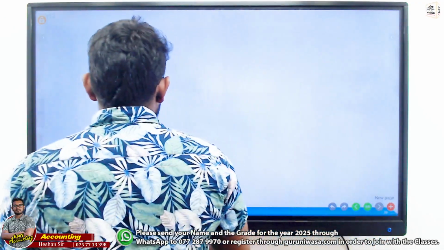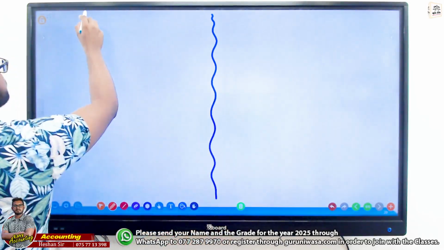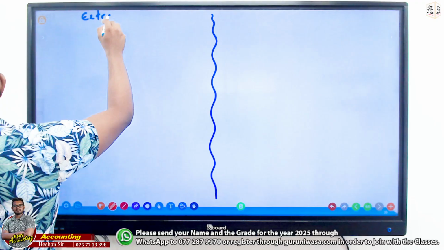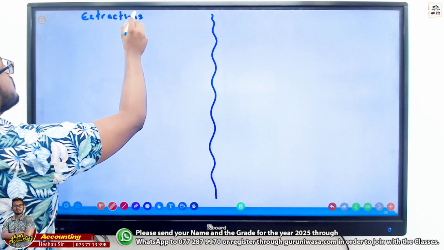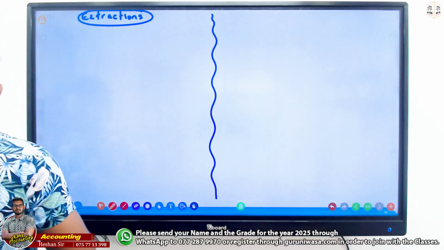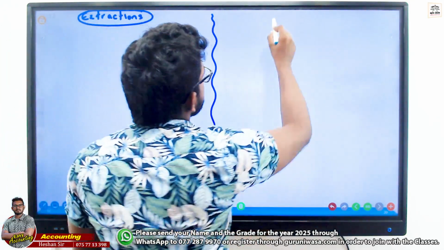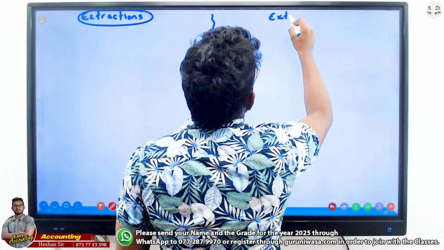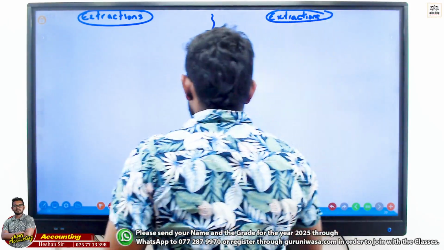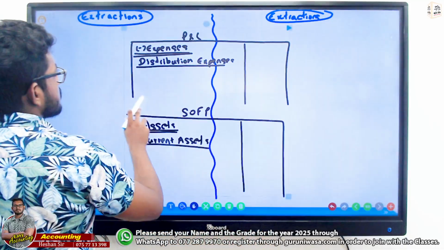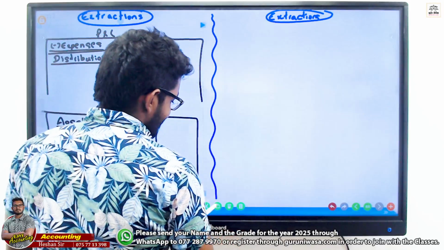Now, if I draw the financial statement extractions, cut and paste, right?